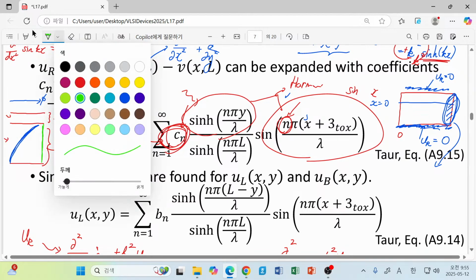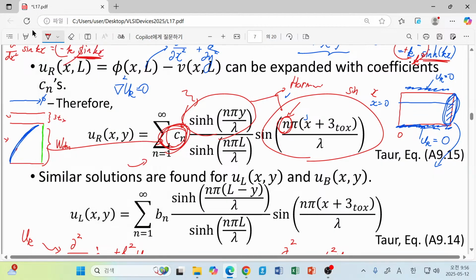So let me just repeat once again. This blue line corresponds to our V function, and this green line corresponds to our phi function. And when we draw the difference between phi and V, please try to draw it.